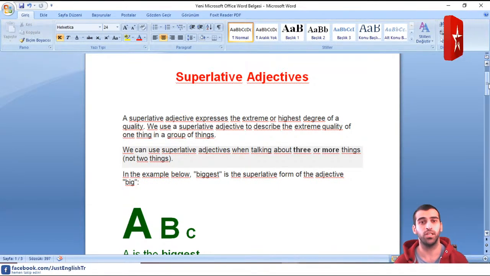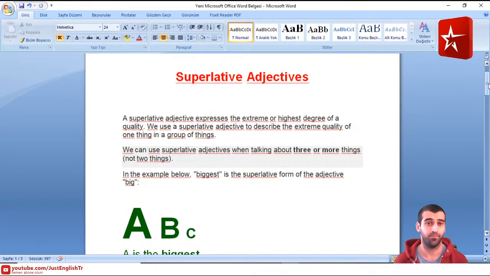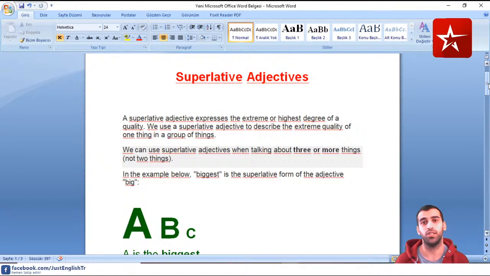So superlative adjectives, what does it mean? A superlative adjective expresses the extreme or highest degree of quality, like top quality. We use a superlative adjective to describe the extreme quality of one thing in a group of things.